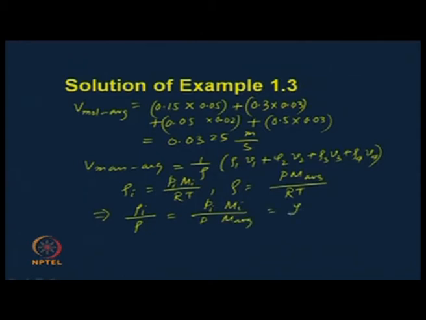So, we can write y i M i by M average. If we substitute here, V mass average is equal to 1 by M average summation over i equal to 1 to n equal to 4 of y i M i V i.